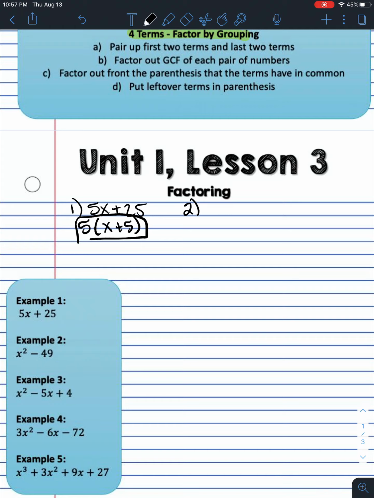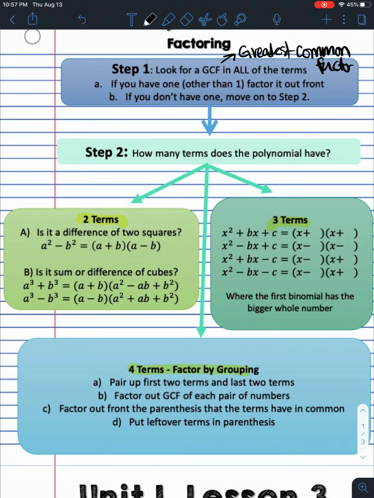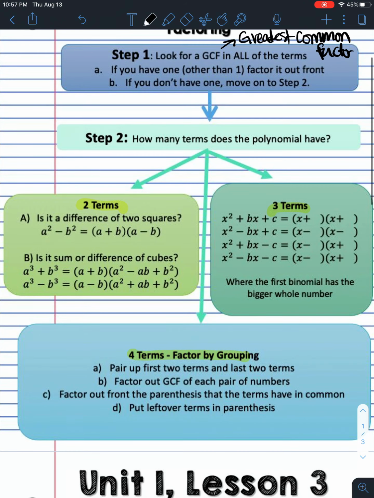All right, so let's look at number 2. Number 2, we have x squared minus 49. So step 1 tells me, can I factor it? Is there a greatest common factor? Well, no, I have x squared and 49. There's nothing there that I can factor out of both pieces. So then I'm going to go on. How many terms does the polynomial have? Well, there's 2. So now A, is it a difference of 2 squares?